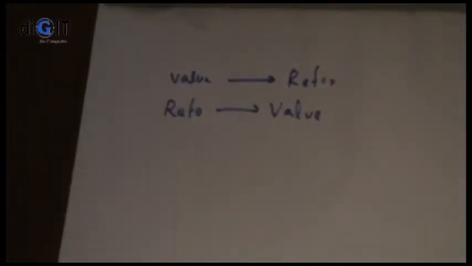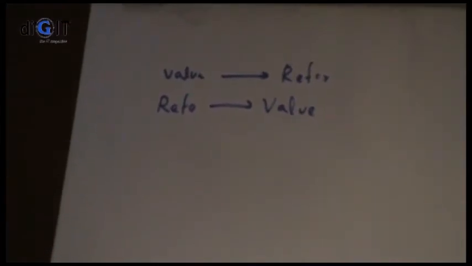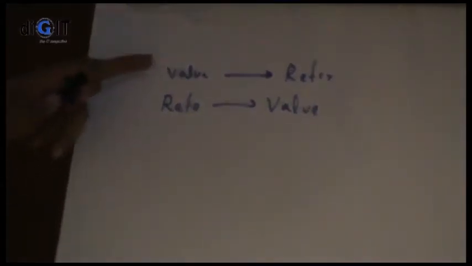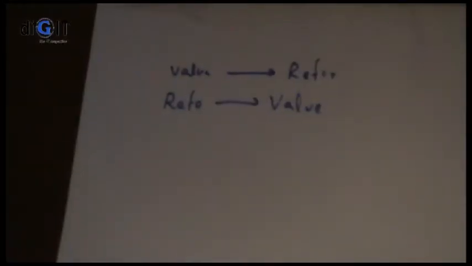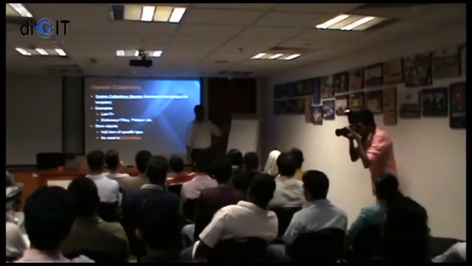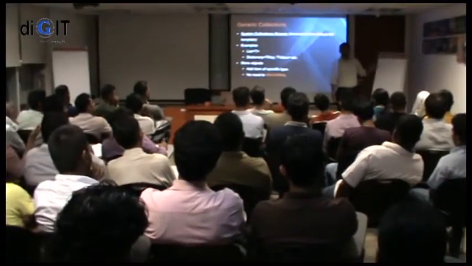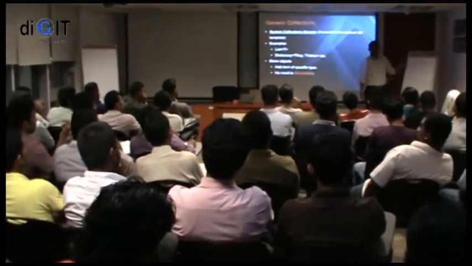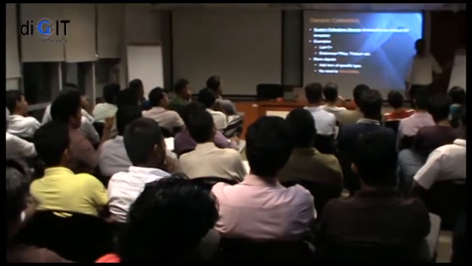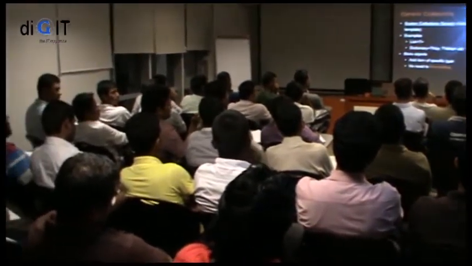Okay, I'll give you another chance to get a person. What are value types? What are reference types? Reference is like a pointer, like objects. Every primitive type is a value type. String, of course, is a reference type.